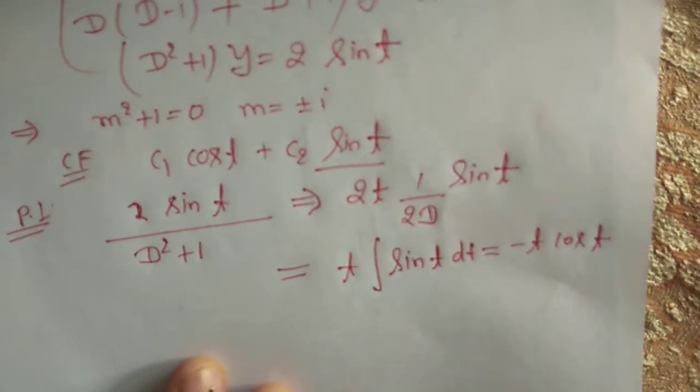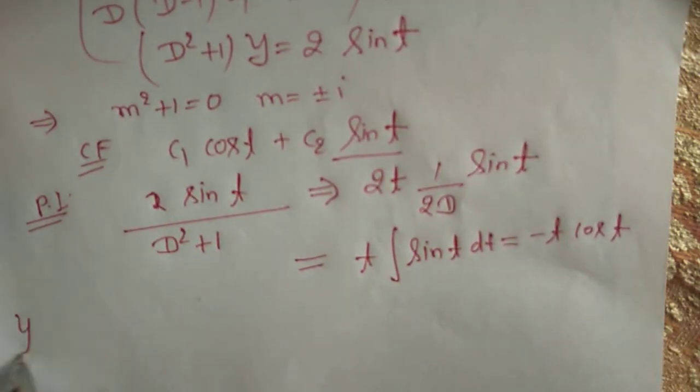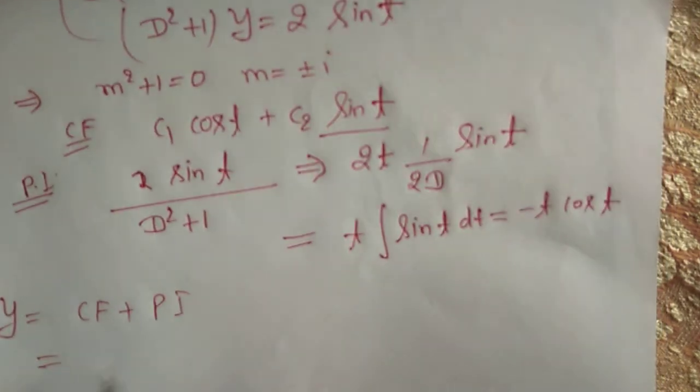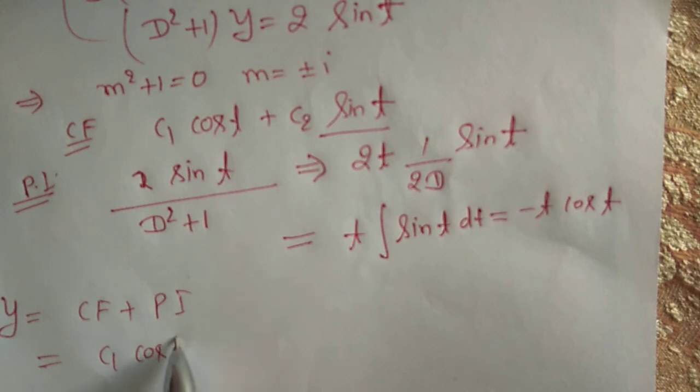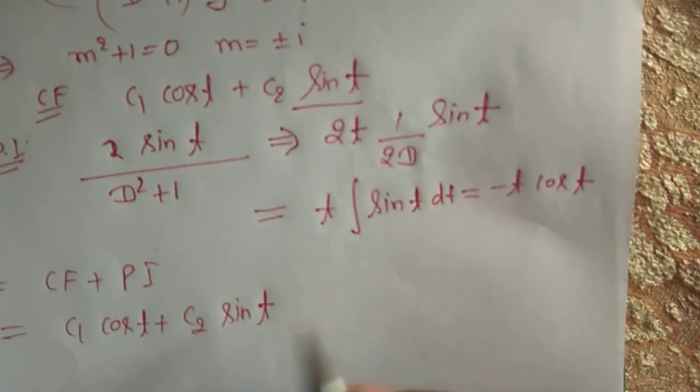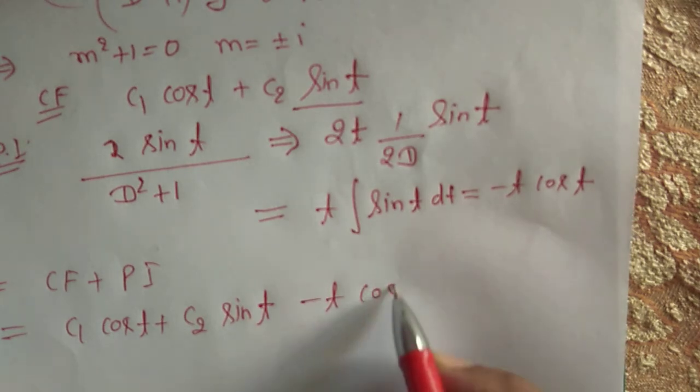So your answer will be y equal to CF plus PI, where CF is c1 cos t plus c2 sin t, and PI is minus t cos t.